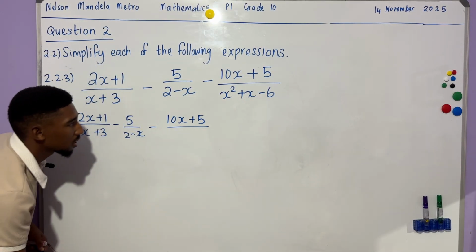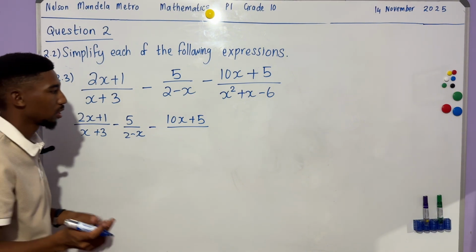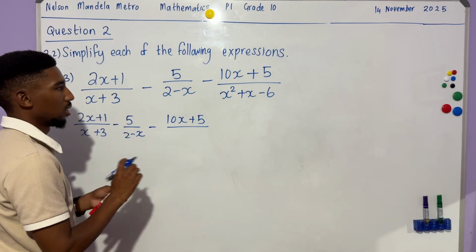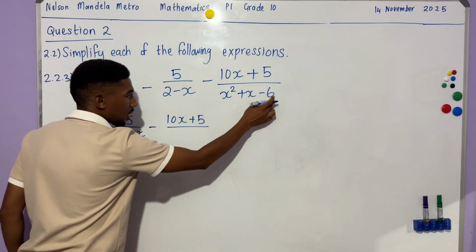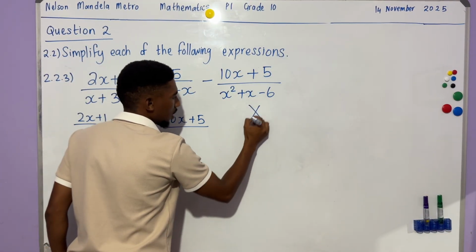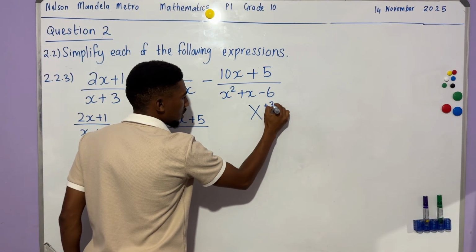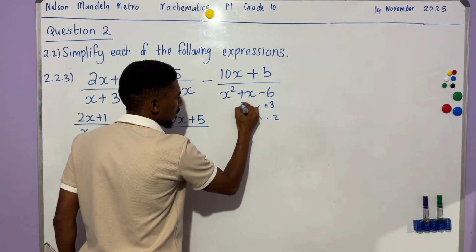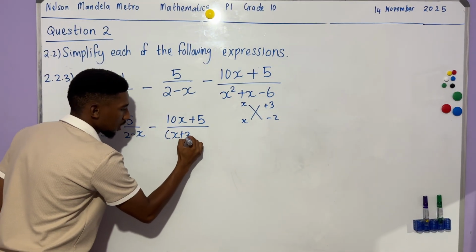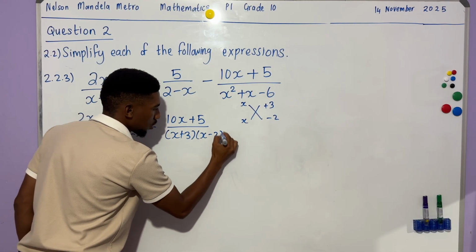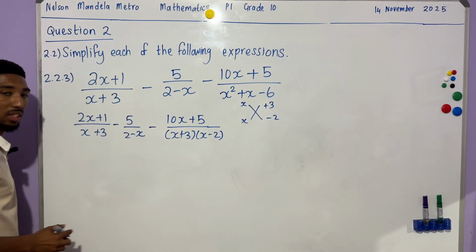And when I factorize this trinomial over here, I'm just going to skip a little bit. I'm sure you can factorize this by now. So when we factorize this, just quickly, we have positive 3 and a negative 2. Yes, that's just my quick way of doing it. So we have x plus 3, x minus 2 after factorizing that trinomial over there.